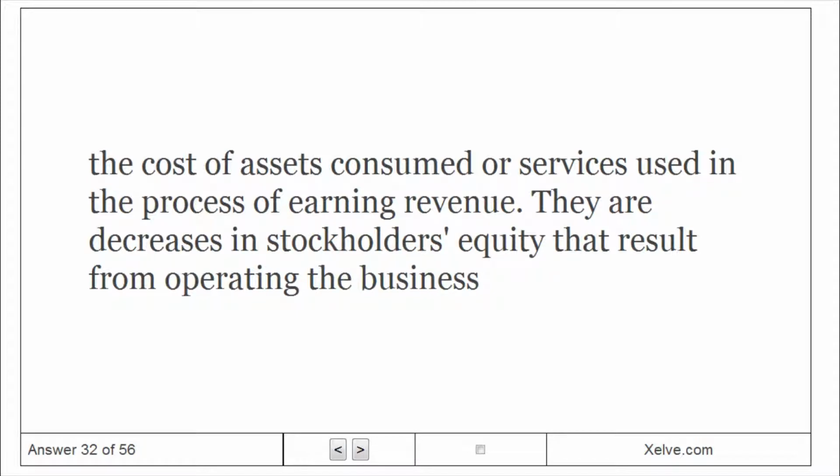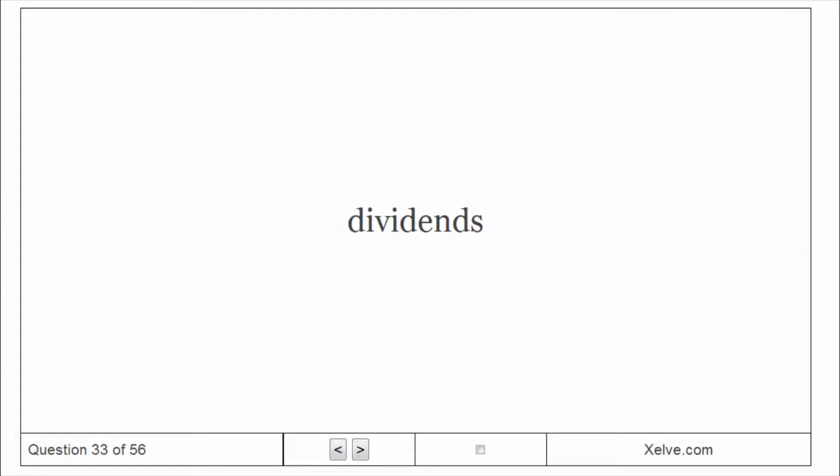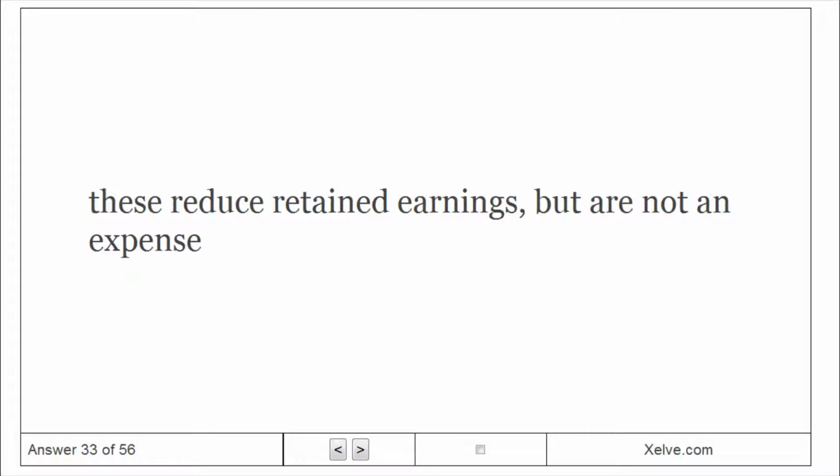They are decreases in stockholders' equity that result from operating the business. Dividends. These reduce retained earnings, but are not an expense.